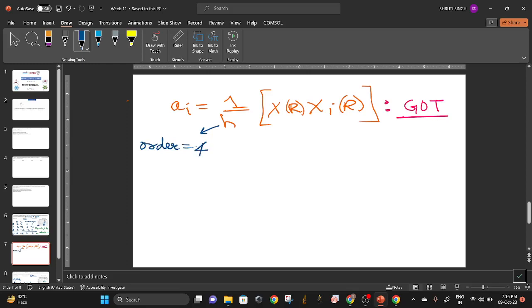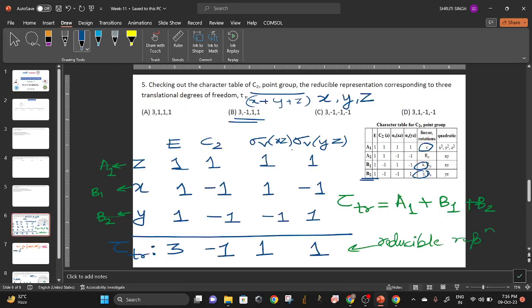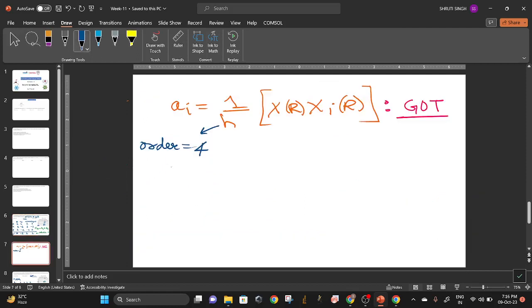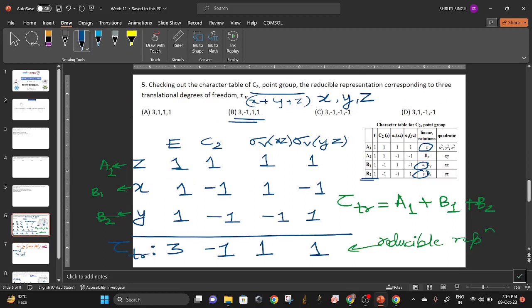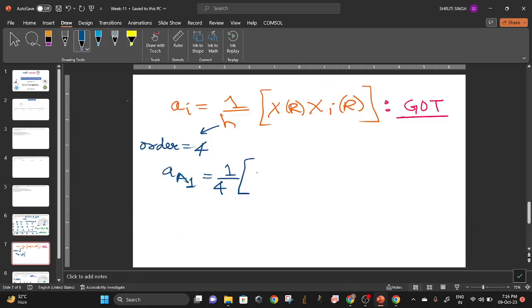So let's try. First is a1. So a of a1 should be 1 upon 4. Now can you do this? 1, 1, 3, 3. Can you do this and tell me the answer?